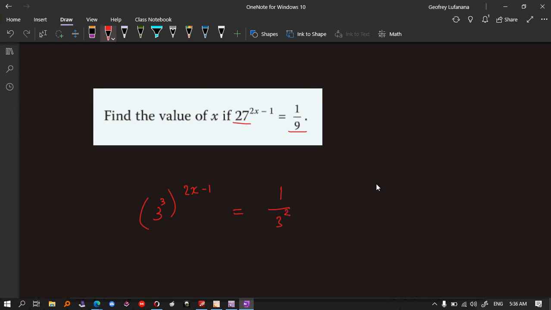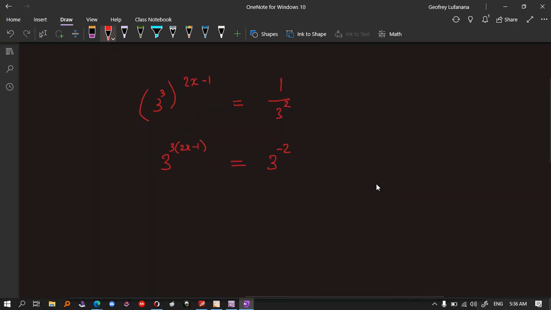From the laws of indices, if I have a number to a power and then another power, I multiply the powers. So this is going to be 3 into 2x minus 1. And for the fraction, I have 3 to the power negative 2.